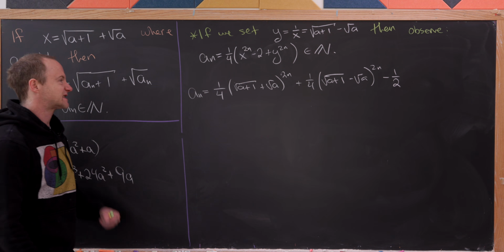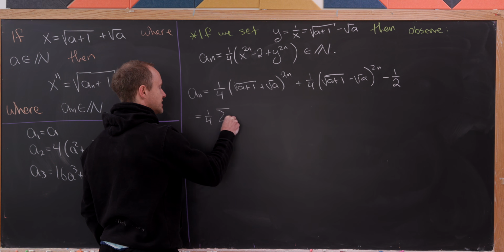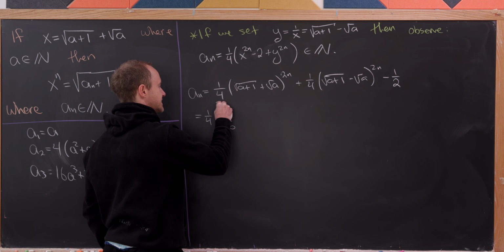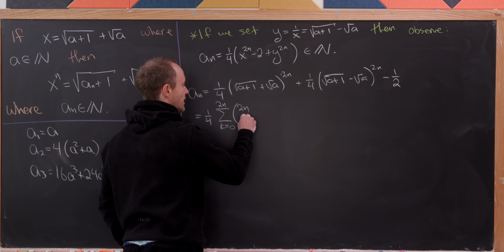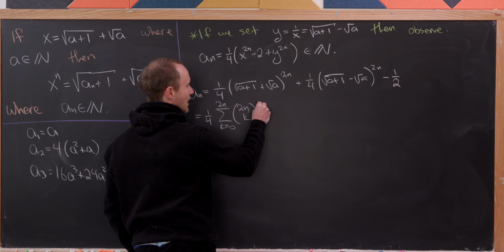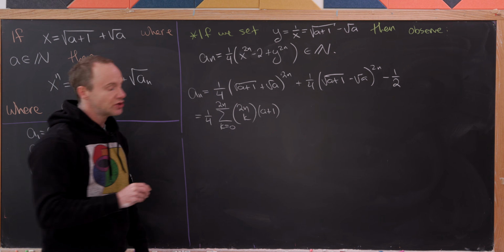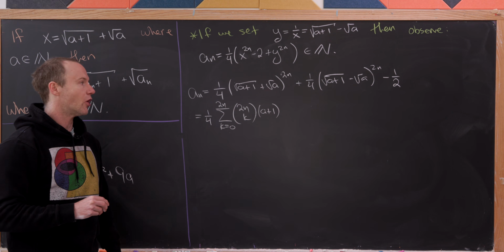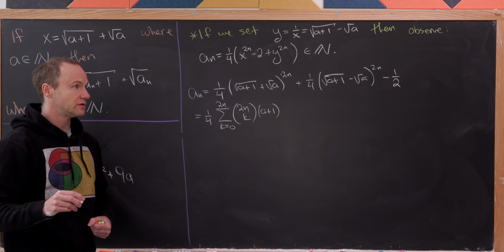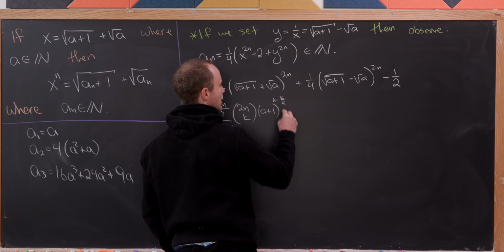And now we're going to expand each of these using binomial expansion. So let's see, this first one will be the sum as k goes from 0 to 2n. We have 2n choose k. And then after that, we're going to have a plus 1 to the 2n minus k over 2. The over 2 is because we've got a square root there. So I can write that as n minus k over 2.